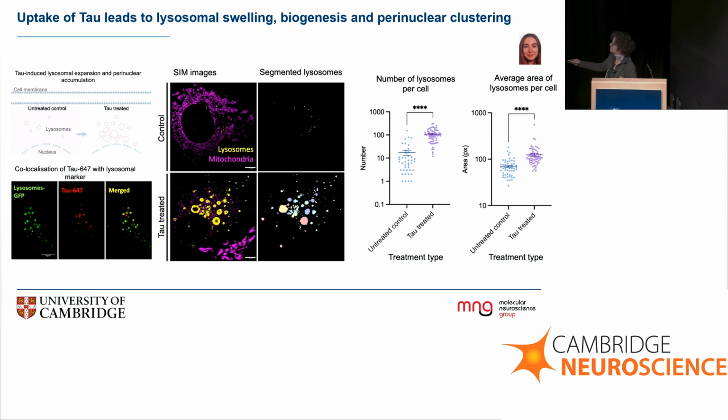This is a lysosomal marker, and this is the tau, the partially labeled tau that we added to the cells. Only 2.5% labeled tau, and we can see that the two of them are colocalizing. And this leads to an increase in lysosomal biogenesis, because the number of lysosomes is significantly increased, and also the area is significantly increased. So there is a swelling happening.